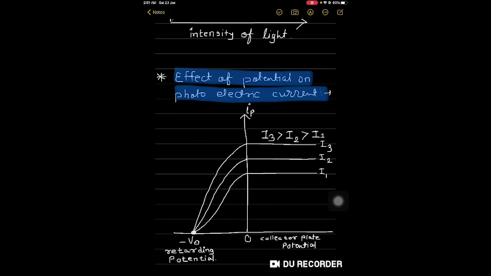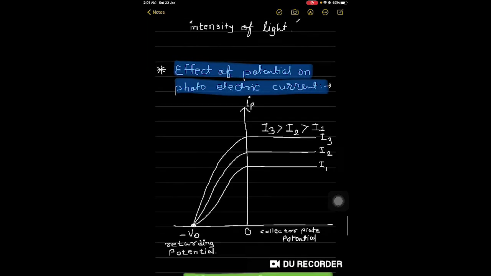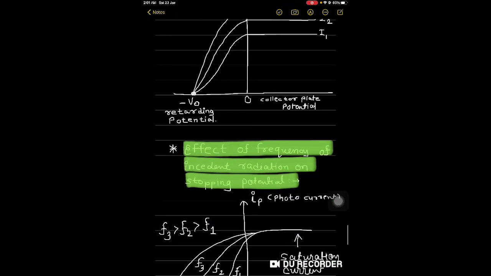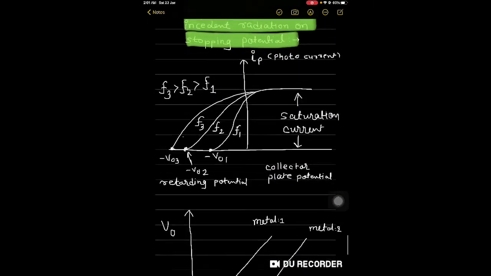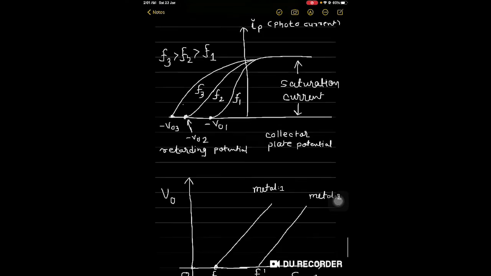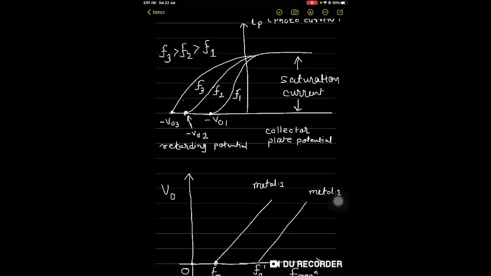Third, for a given photosensitive material, there exists a certain minimum cutoff frequency of the incident radiation that is called threshold frequency, below which no emission of photoelectrons takes place, no matter how intense the incident light is.